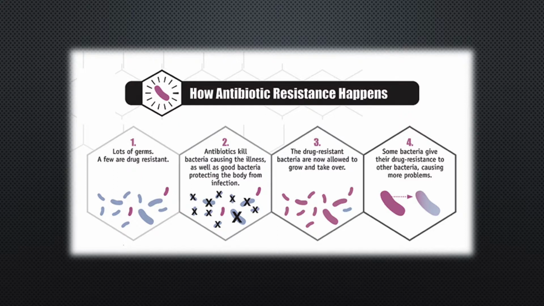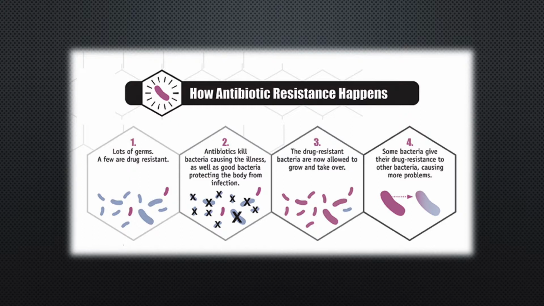So we're now going to look at a little diagram about how this actually happens. Everyone is covered with lots of germs. A few are drug resistant. If you get an infection, like we were talking about earlier, the antibiotics kill the bacteria causing illness, as well as the good bacteria protecting the body from infection.